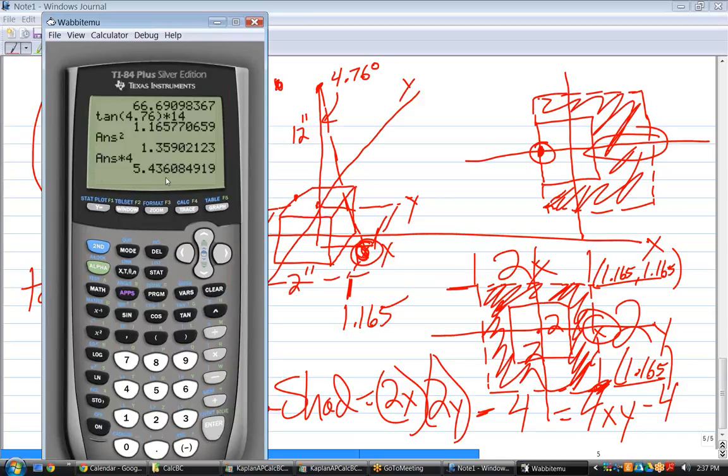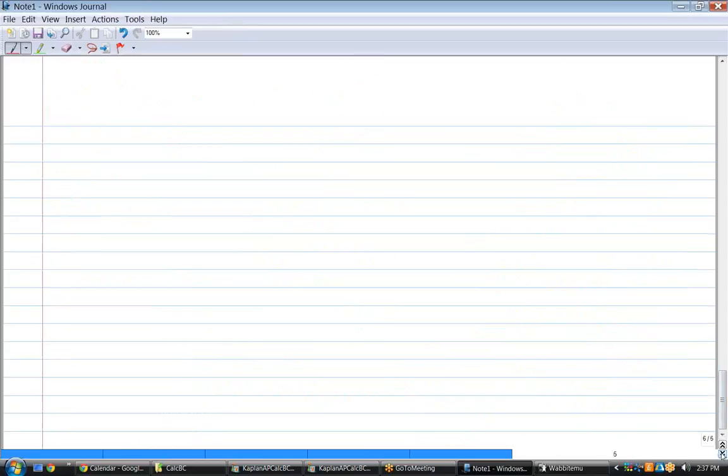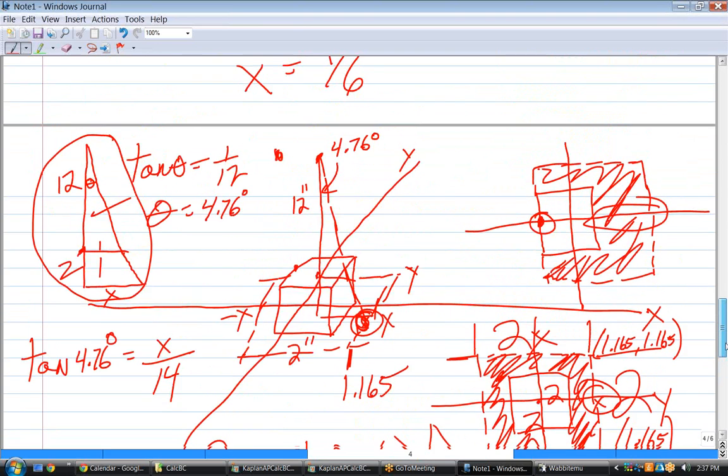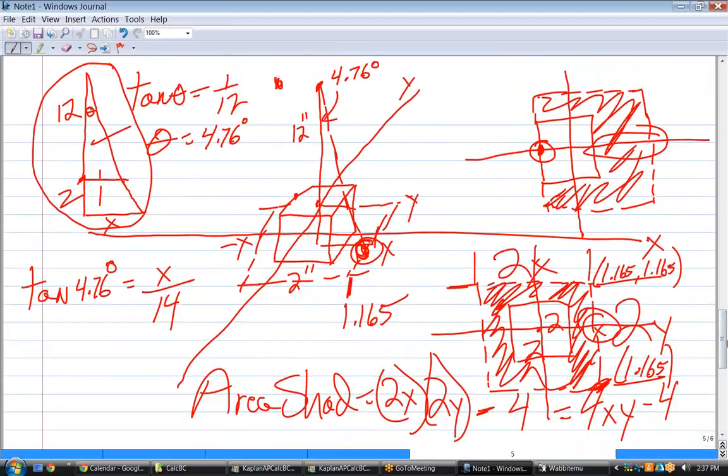So the area of my shadow is 1.43. The area of the centered shadow is 1.43 rounded off. That's 4xy minus 4. And that's what I suspect is the smallest.